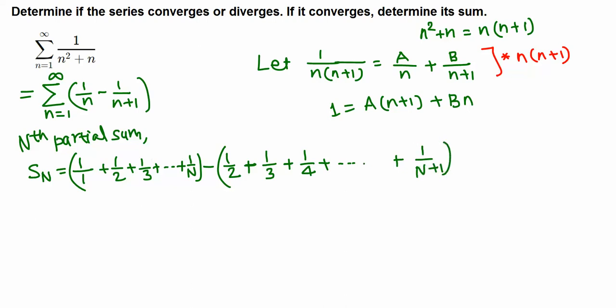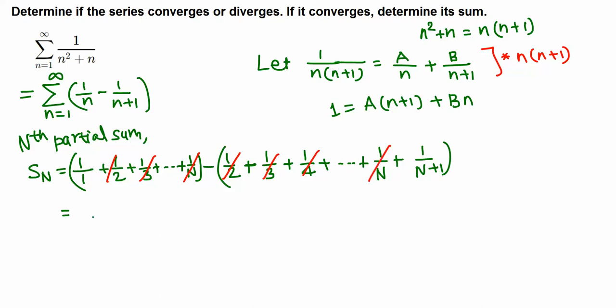If you want to write the previous term, it is 1 over N, 1 less than N plus 1. Let's simplify this. 1 over 2 minus 1 over 2 cancel, 1 over 3 minus 1 over 3 cancel, 1 over 4 cancels, all the way to plus 1 over N, this negative and positive 1 over N cancel.